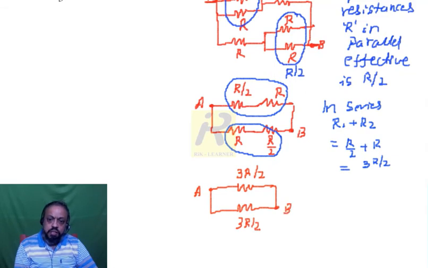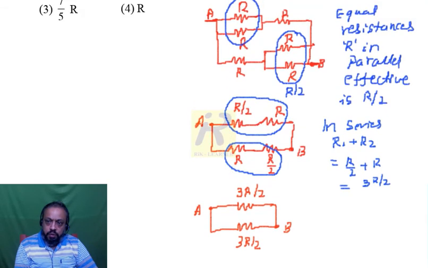And now these two resistors are in parallel, and you have to observe the two resistors are of the same value. You should be careful about this. Equal resistances in parallel, the effective is R by 2. That means whatever the value we are having, it becomes half of that. So the final resistance between terminals A and B is 3R by 2 divided by 2, so it becomes half of that.